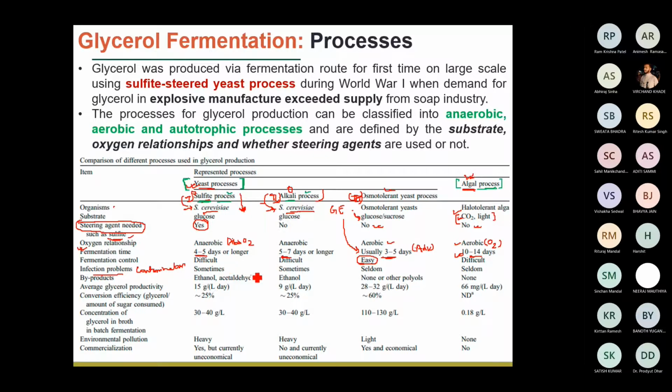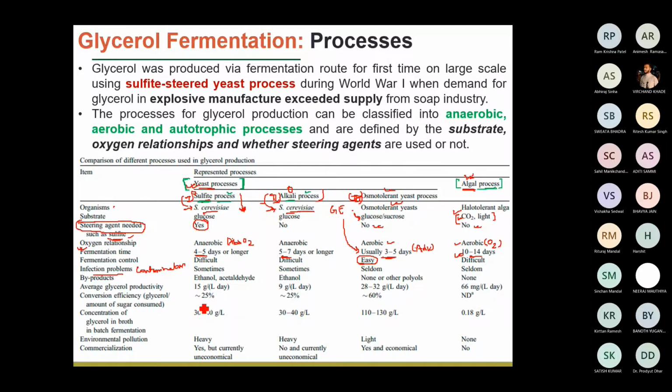So when we genetically engineer or modify this type of strain, we make sure that the contamination or infection problems are as low as possible, and that can be obtained in the algal process and the yeast based processes, especially if you have the osmotolerant yeast.